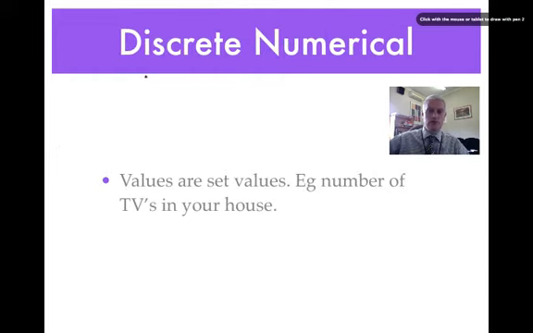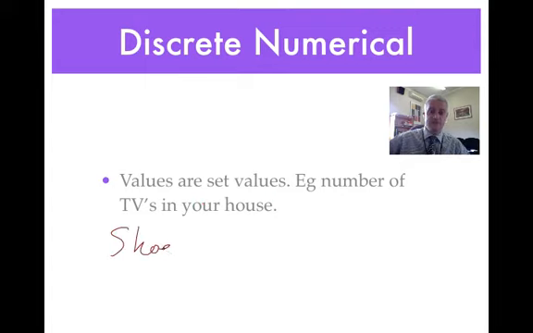The first one we'll look at is discrete numerical. Discrete numericals are where the numbers are a set value. In other words, you can't have 3.67 television sets in your house. They're whole numbers, basically. Discrete is just a name for whole numbers in this case. Shoe size is another example.